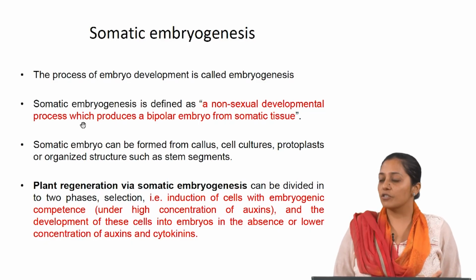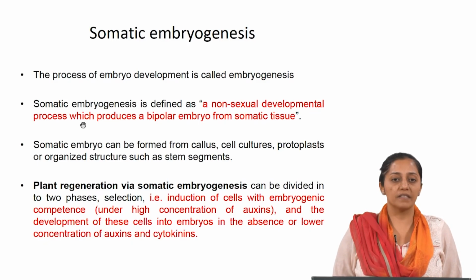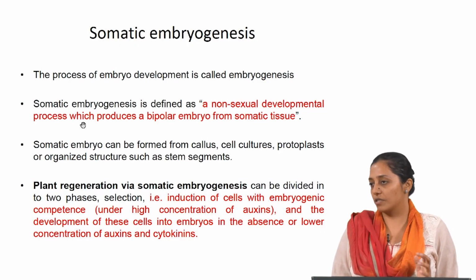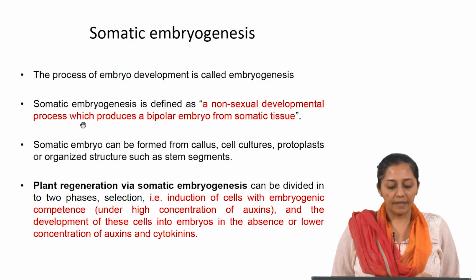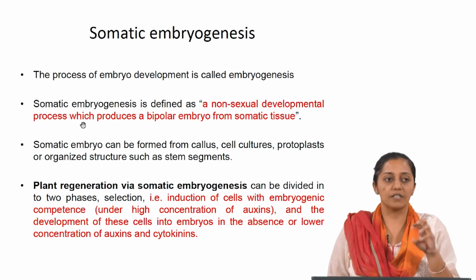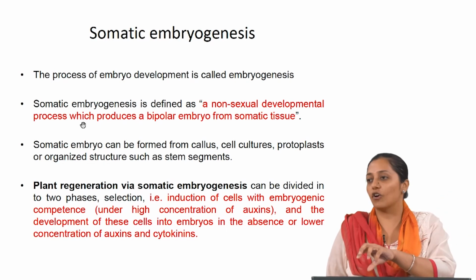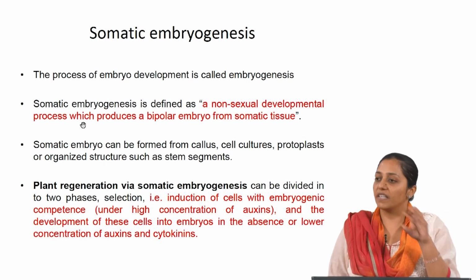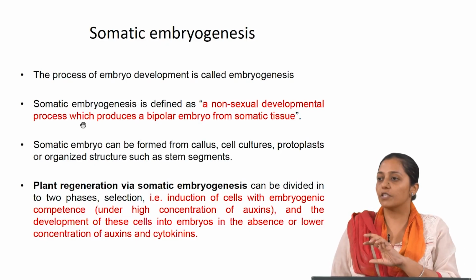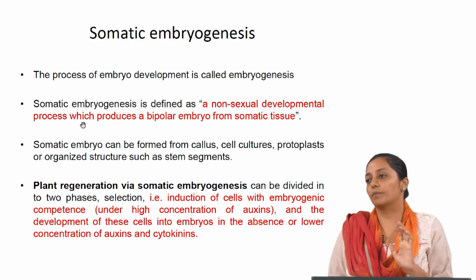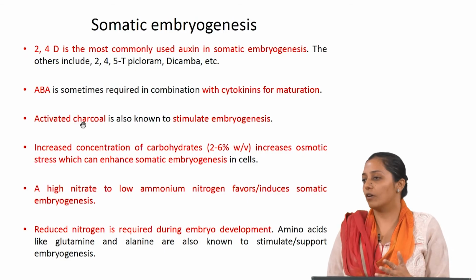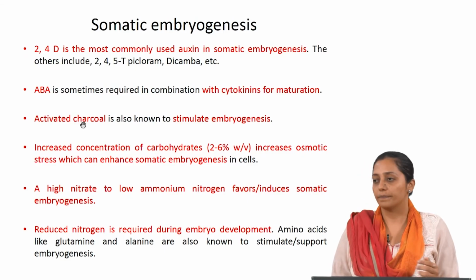One is induction of cells with embryogenic competence. This happens when you have very high concentrations of auxins in the medium, generally, and then the development of these cells subsequently into embryos once vascularization, which means cytodifferentiation and organogenesis, have both taken place. Once organogenesis has taken place, which means the shoot and root primordia have come up, for subsequent growth you need a combination of cytokinins and auxins.